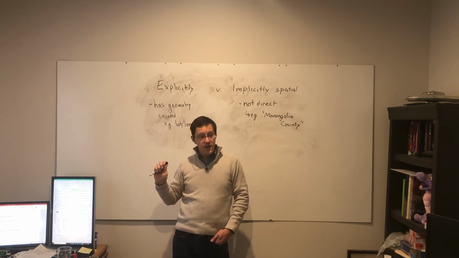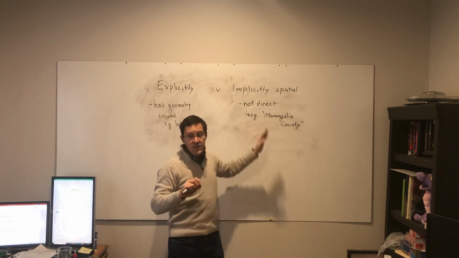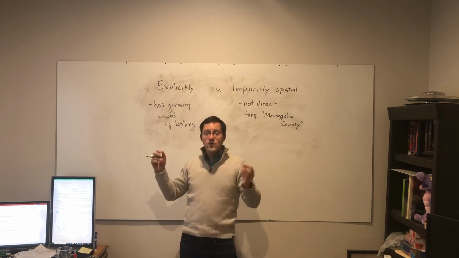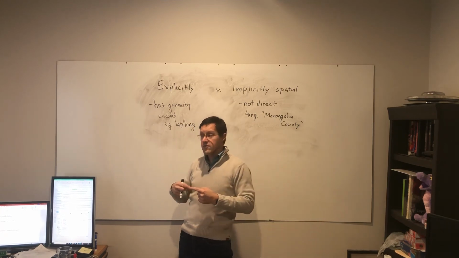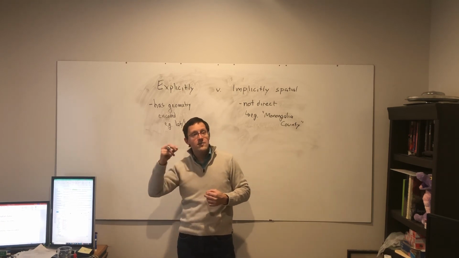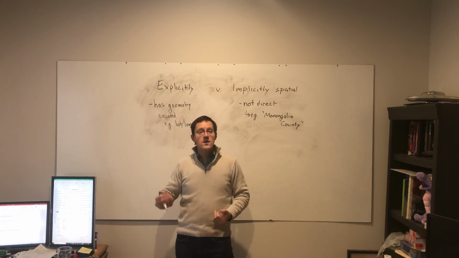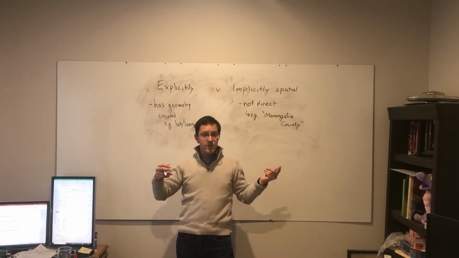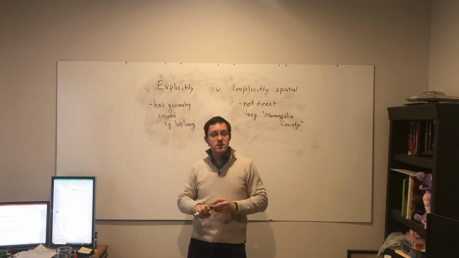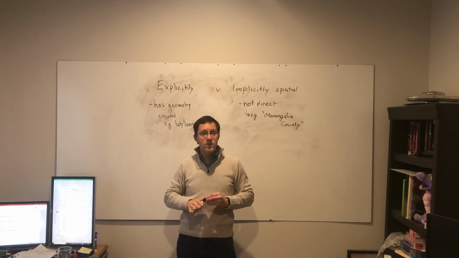In many, many cases, we can take this implicitly spatial data and then, using ArcGIS or other software, join it to a data set that is explicitly spatial, that says here is the boundary of Monongalia County, represented as a polygon. And then we can take that implicitly spatial data and join it to explicitly spatial data and use it within our GIS, use it within our spatial analysis.